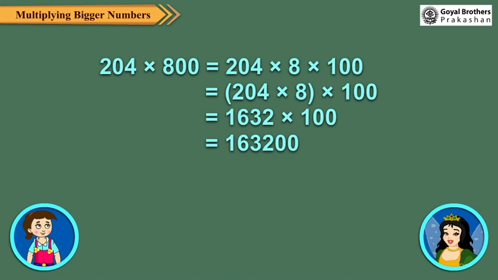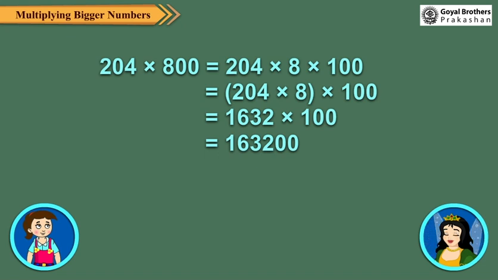Thus, we can have the following rule. To multiply a given number by 200, 300, 400 till 900, we multiply the given number by 2, 3, 4 till 9 respectively, and then insert 2 zeros on the right of the product.